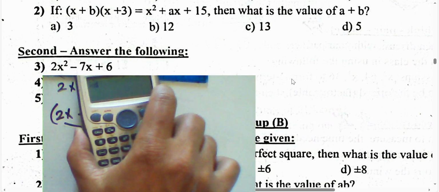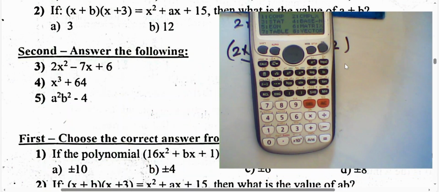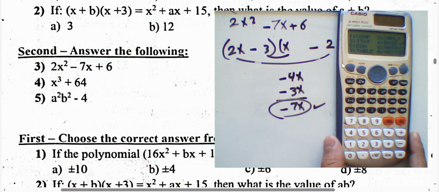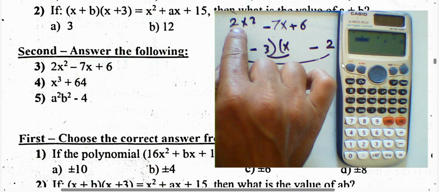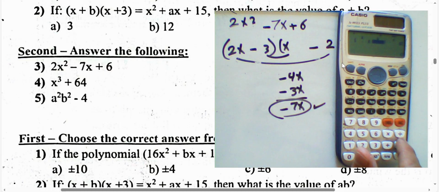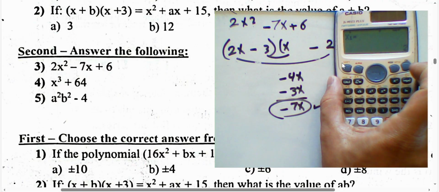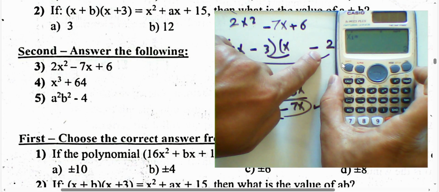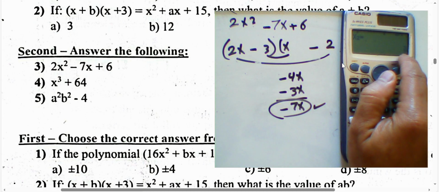Look at here. You can open here and choose equation number 5. Choose number 5 and then number 3, this equation, and put the coefficient of x² here, 2 first, right? 2 equal, and then negative 7 equal, and then 6 equal, and the first solution will be negative 2, okay, and then write equal again. 3 over 2, write the inverse of the sign.